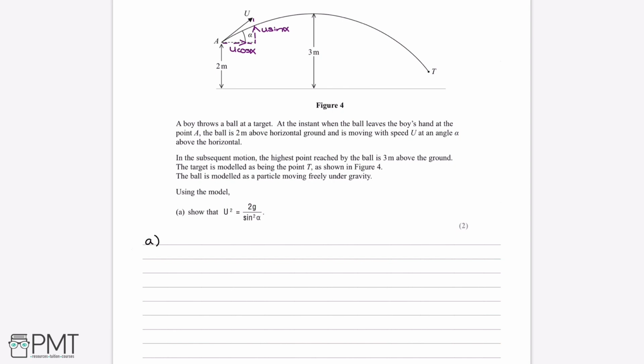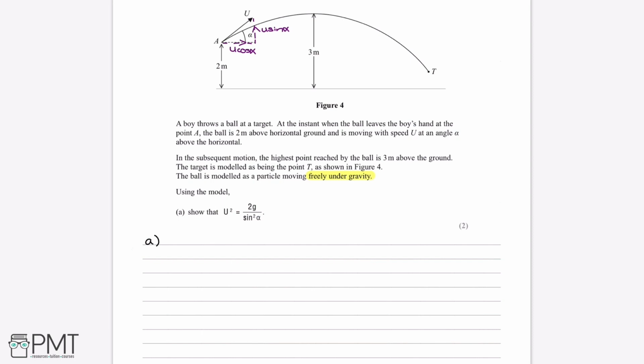The other thing we can mark on this diagram is that we're told the ball's modelled as a particle moving freely under gravity. What this tells us is that the acceleration, when we resolve vertically downwards, is the gravitational acceleration, which we can call g.